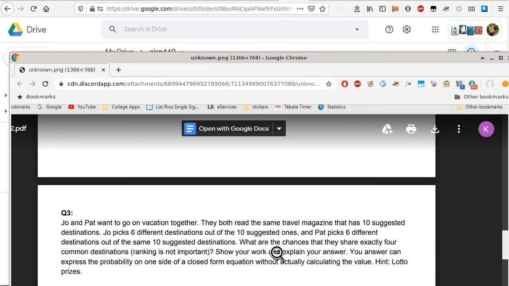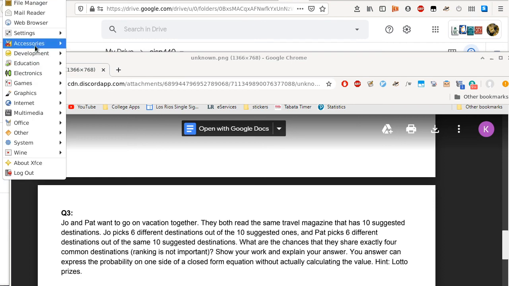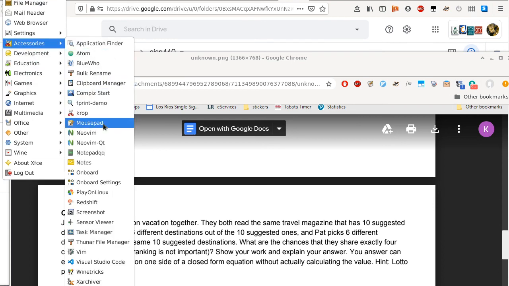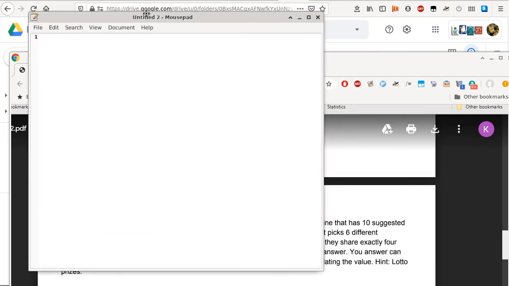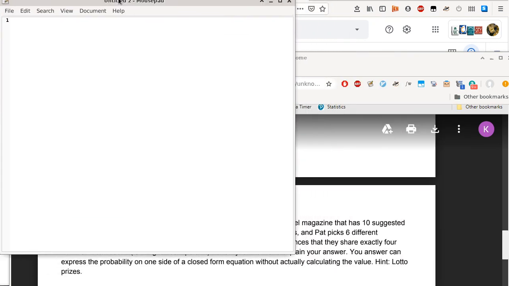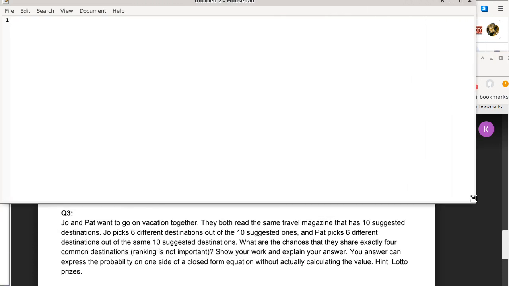So the way you look at this problem is you have to set it up in the right way. The first thing we do, let me use a mouse pad for this purpose, is sequence it first: find out what happens first and then what happens next, and work on your logic accordingly.